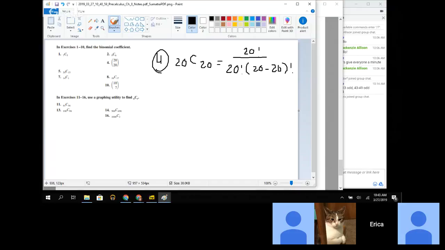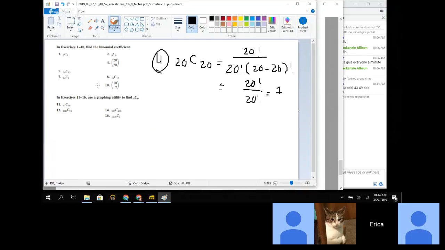Because we have 20 minus 20 is 0, right? So 0 factorial is actually 1. So this becomes 20 factorial over 20 factorial, which is just 1. So if you have 20 things and you're choosing 20 of them, you just have one choice, basically, right?